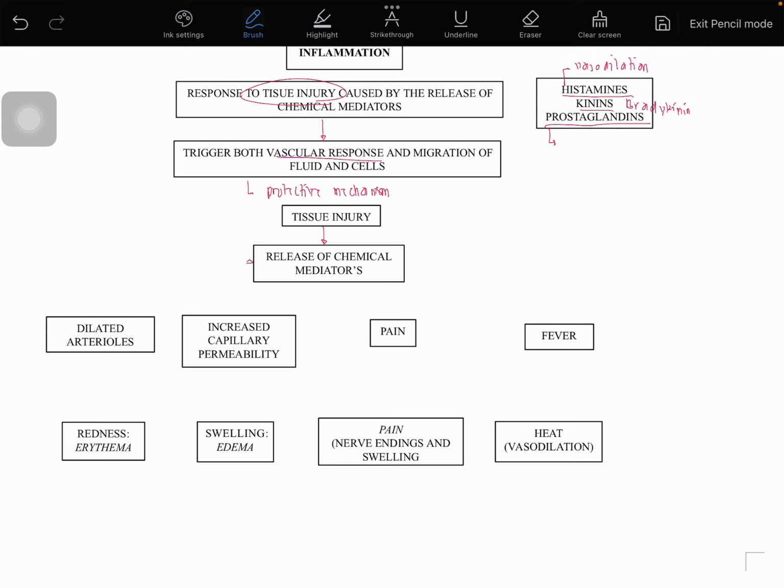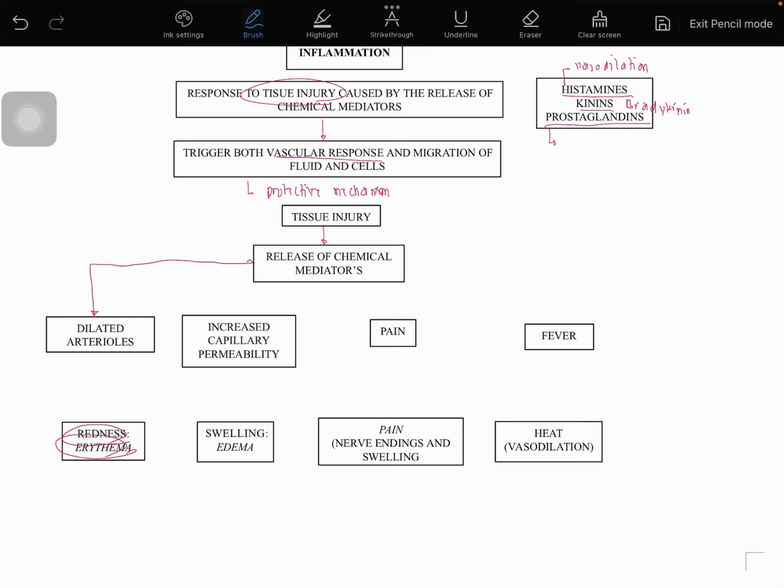It will dilate your arterioles. When there is dilation, of course, the first manifestation, or the very first cardinal sign of inflammation, is your redness, your rubor, or your erythema.